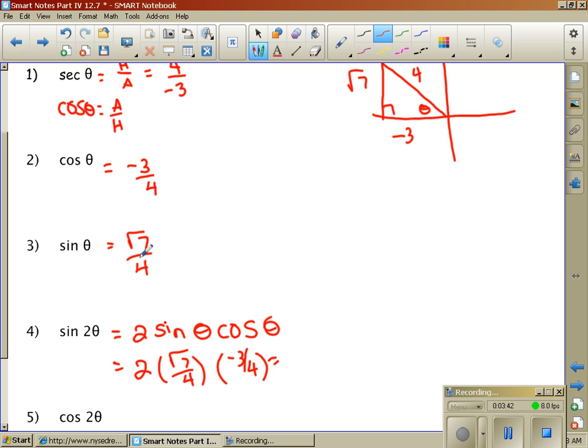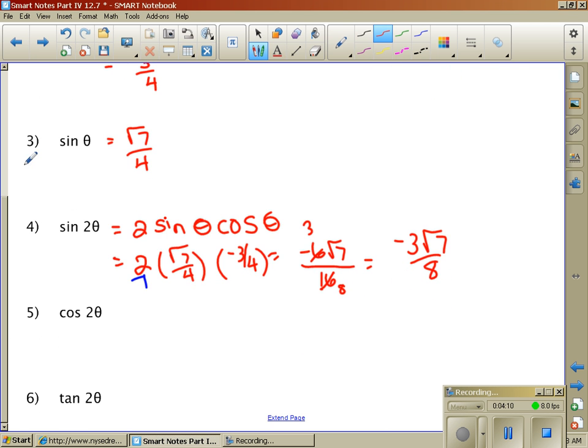Or you could have just looked up here. Multiply your top. 2 times negative 3, negative 6 times square root of 7. 4 times 4. Remember, you can write this over 1 if it helps you. And we can reduce by 2. So we get negative 3 square roots of 7 over 8.